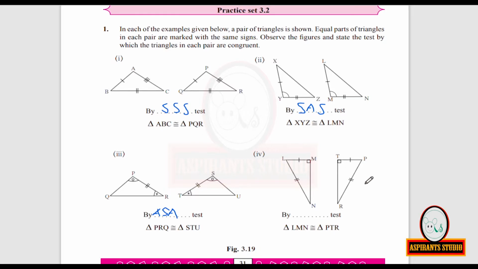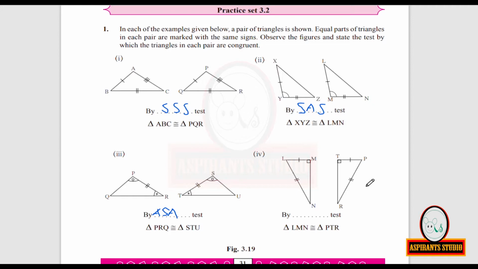Now, these two triangles are congruent by hypotenuse side test. Why? Because if the hypotenuse and a side of a right angle triangle are congruent with the hypotenuse and the corresponding side of the other right angle triangle, then the two triangles are congruent with each other by hypotenuse side test.